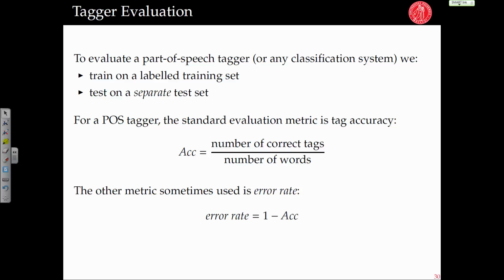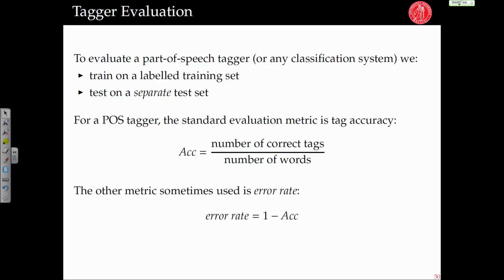The evaluation measure is normally accuracy, which is the number of correct tags divided by the number of words, and the number of words corresponds to the number of tags our tagger predicted, because we want to predict one tag per word. So it's the number of correct predictions over all the predictions we made.